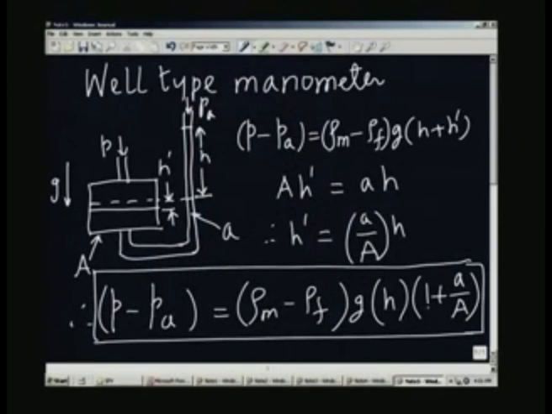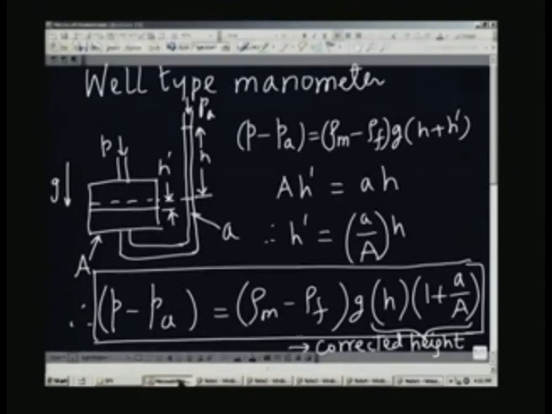Therefore, you can say that this is the corrected height. We will call it the corrected height. The height is h, h into 1 plus A by A is the corrected height, and the scale can be adjusted such that the corrected height can be directly measured.